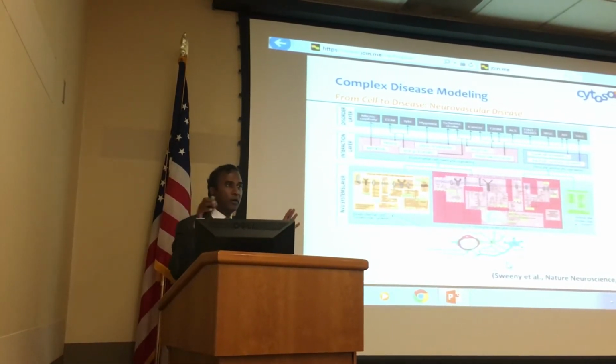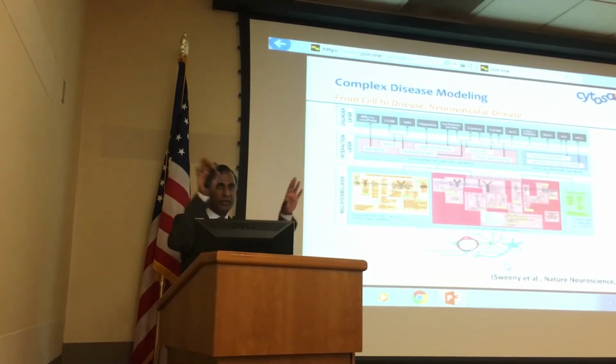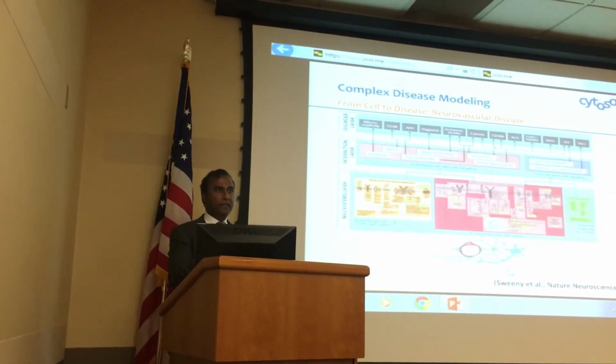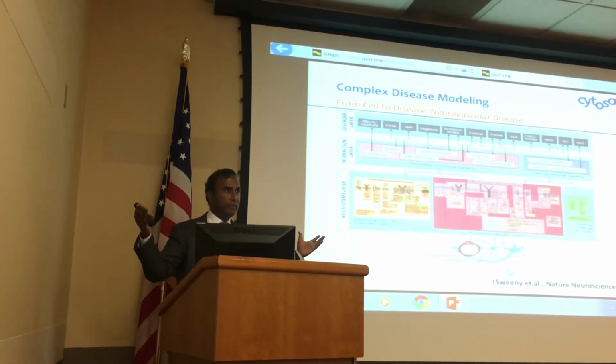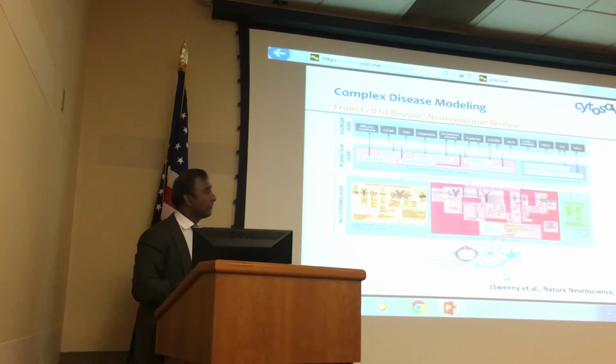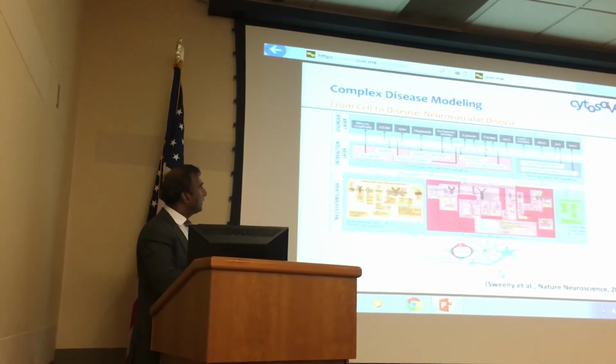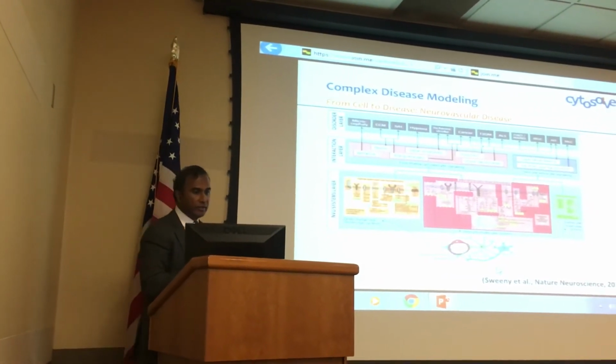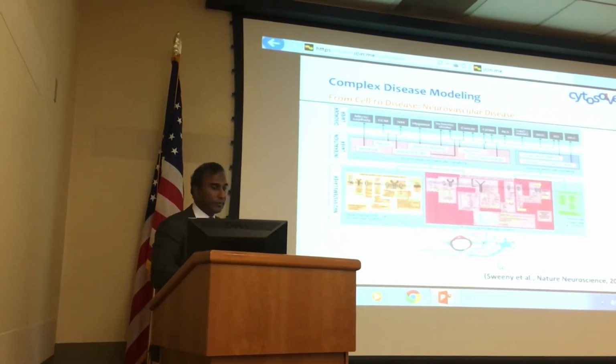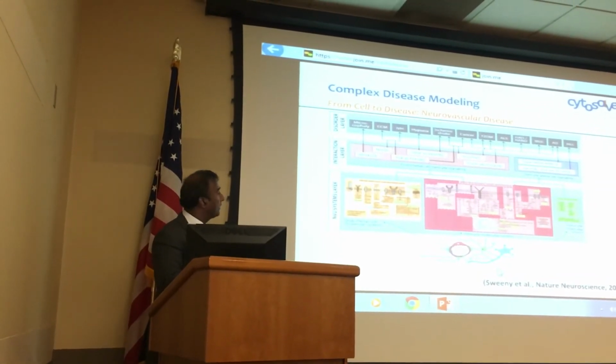So, by the way, all of this, every line, every circle here goes to literature. So we're not making any of this up, which comes from millions of man hours of wet lab, in vitro and in vivo research. Over here, we've sort of characterized all the different diseases that you find in the literature, be it hypoxia, ALS, etc.